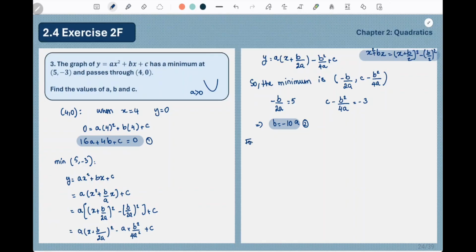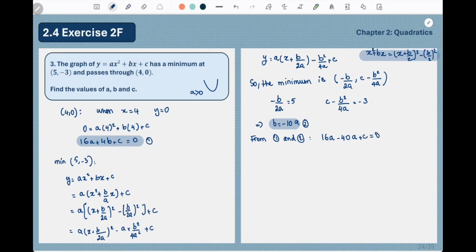So from joining 1 and 2 together, I can say that 16a minus 40a, so I'm replacing b with a, minus 40a plus c equals 0.